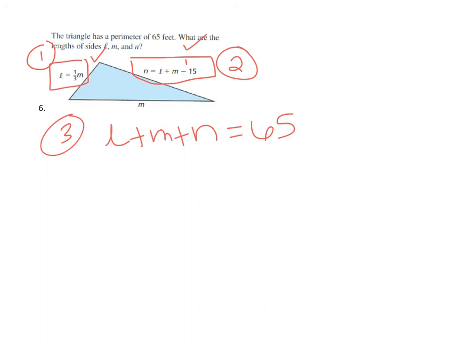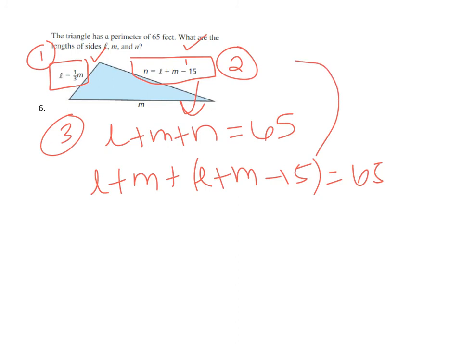So in that case, we're going to go ahead and plug it into this equation here. So instead of putting L plus M plus N, we're going to put L plus M plus L plus M minus 15. And all of that should equal 65. So all of this came from here, that second equation. So start combining like terms to simplify.